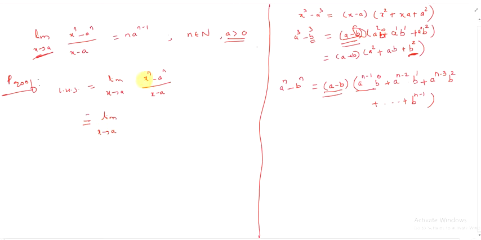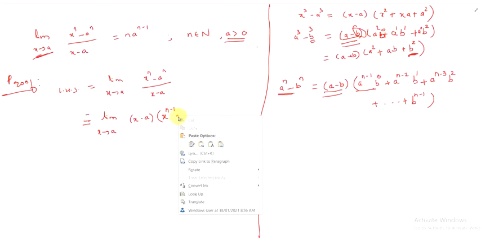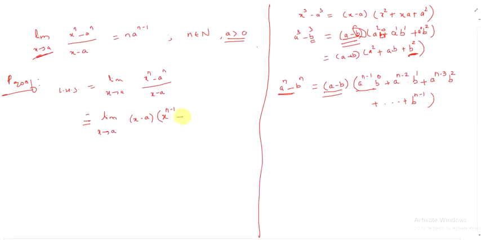In the numerator, if you compare this numerator with this term, you will get that both are the same. So here take x minus a common. Inside the bracket, the power of x is decreased by 1 and the power of a is 0.